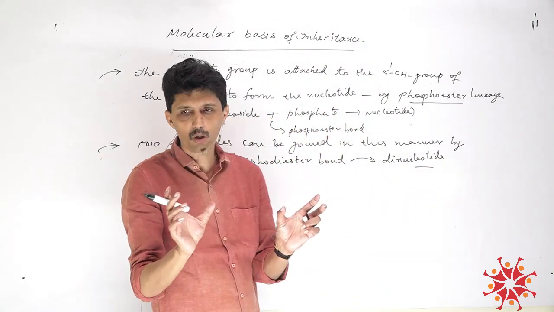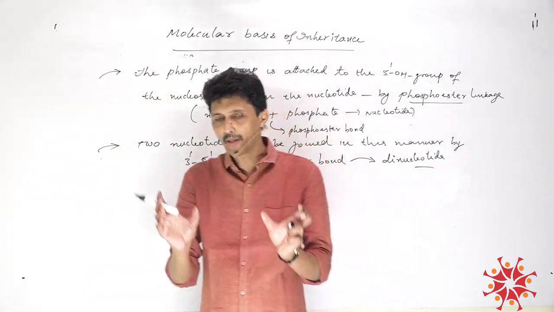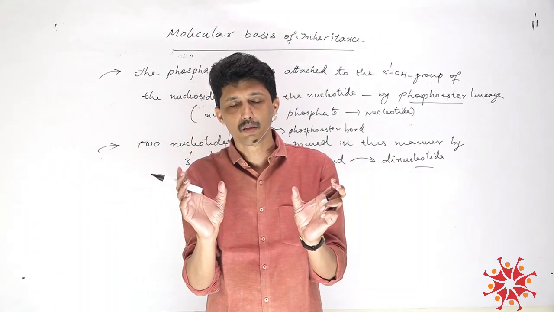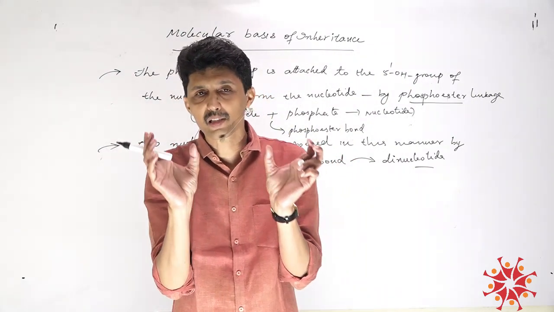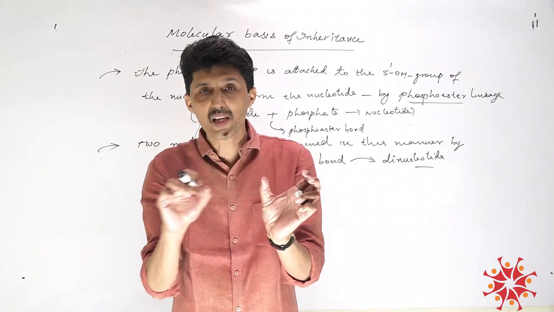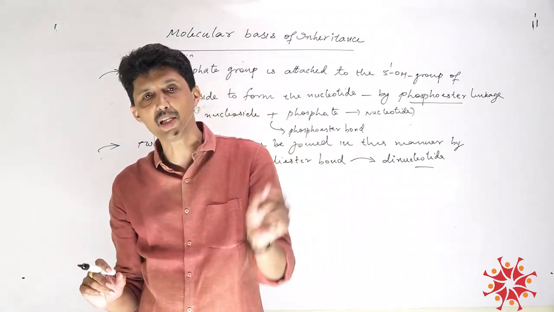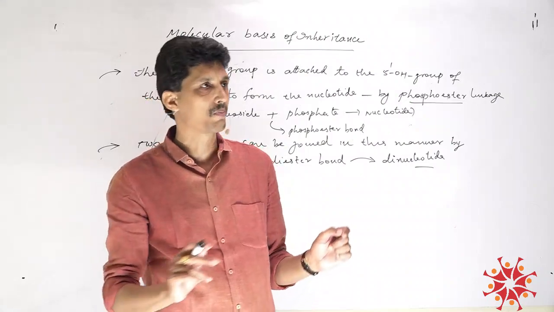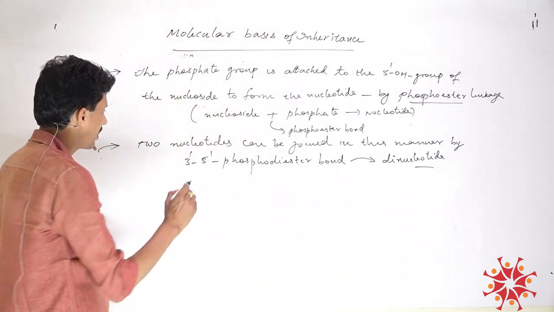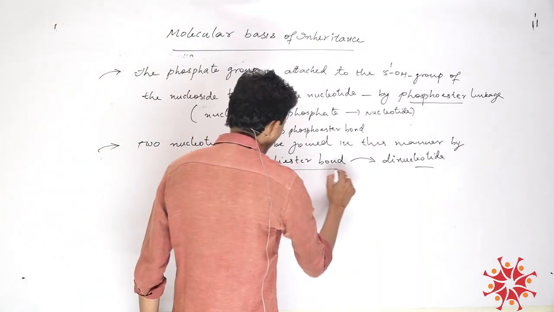So when two nucleotides are joined, what you will get is dinucleotide, and this bond you call 3-5 phosphodiester bond, right?